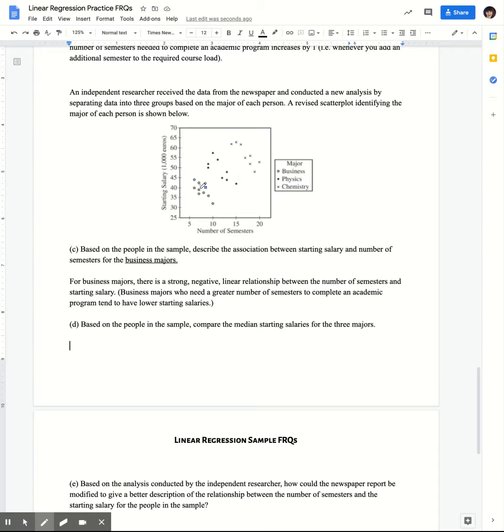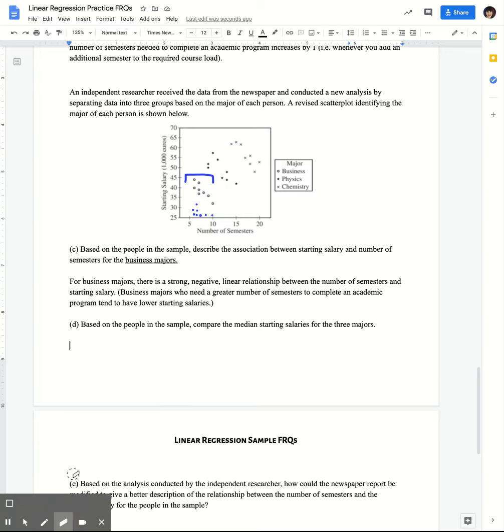But remember that what scatter plots really are is like two dot plots plotted against each other, like on an X and Y axis, right? So I could take all of my business majors and have those dots fall so that they would be down here, right? And then you'd be able to pick out a median, right? Same thing for the physics majors and the chemistry majors.